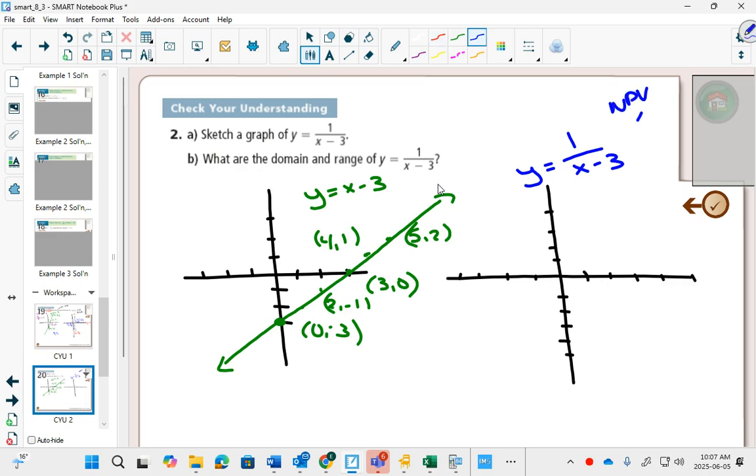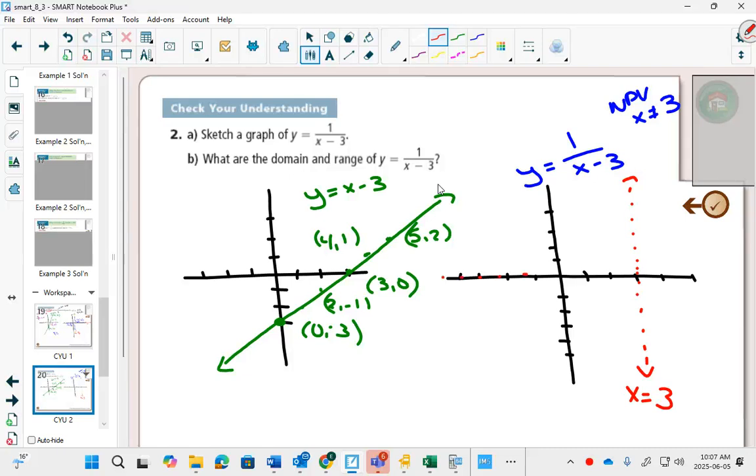And sometimes it's not bad to write out x can't equal 3. That's how we write a non-permissible value. That shows up as an asymptote. So take out your red pen. And an asymptote is just an equal sign. Non-permissible value, you put a line through there, say it can't equal 3. When we write the equation of the asymptote, it's x equals 3 because it's an equation. That's the equation of that vertical line.